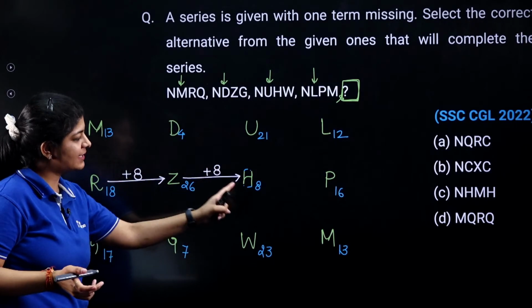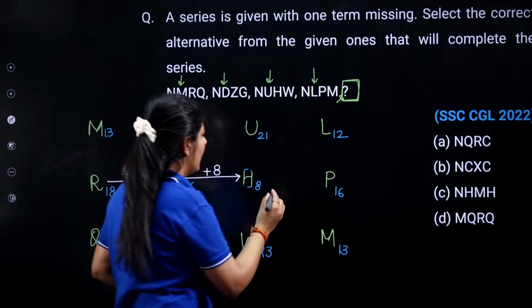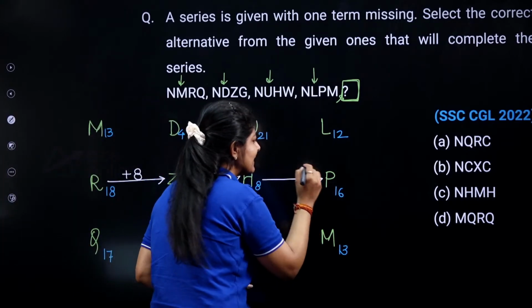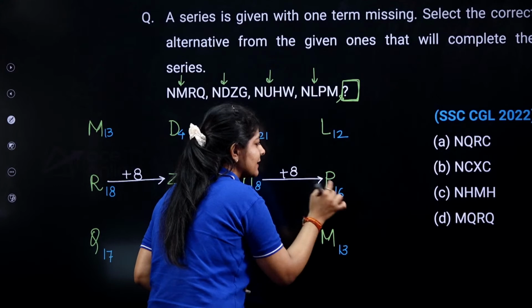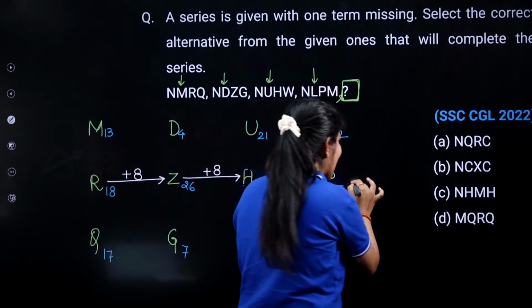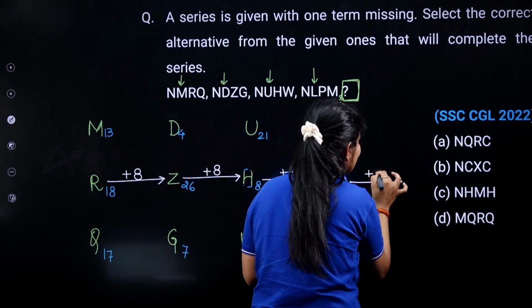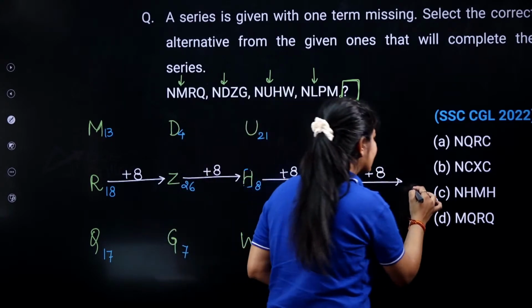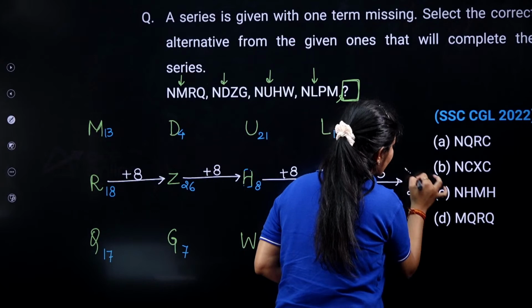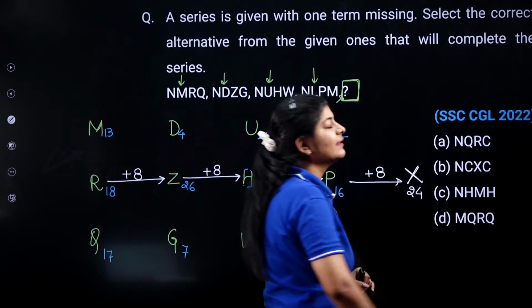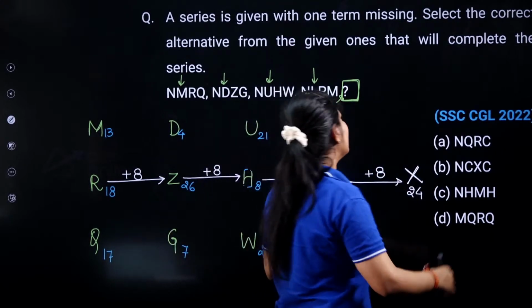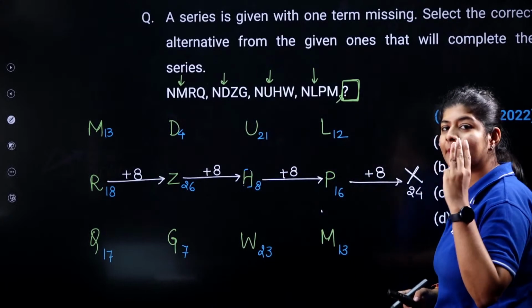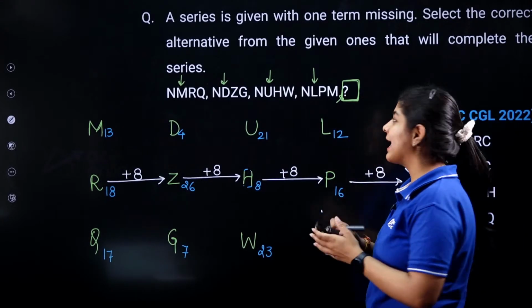So 26 plus 8, we will get 8. 8 plus 8, 16. And if I add again 8, 16 plus 8, we are getting 24. And 24 is associated with X. So we need our third letter as X.